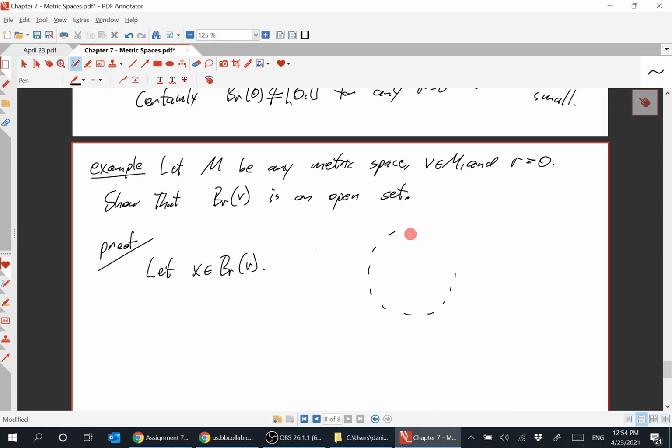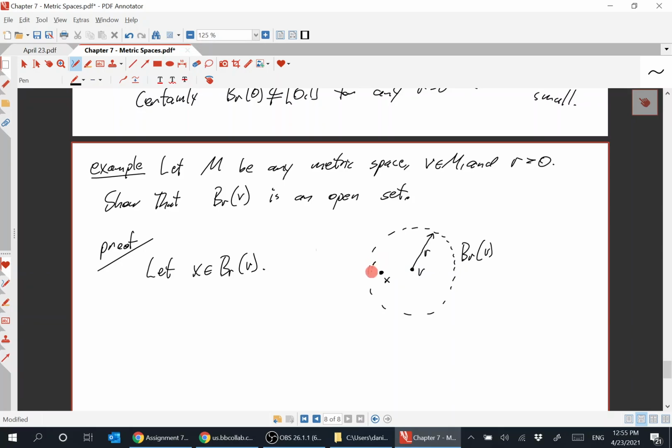The picture, in this sort of context, isn't a proof, but it helps illustrate the proof. So here's v, and the ball has radius r. Now here's x right there. We need to find a ball around x that stays in the ball of radius r around v.